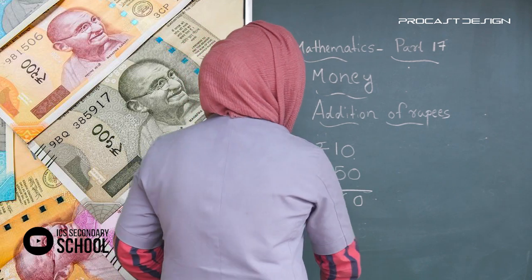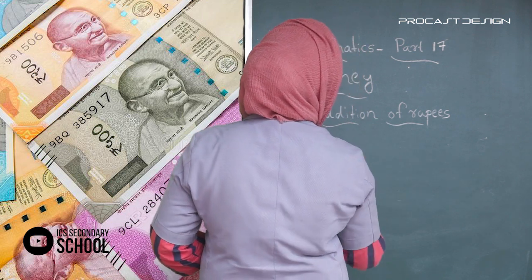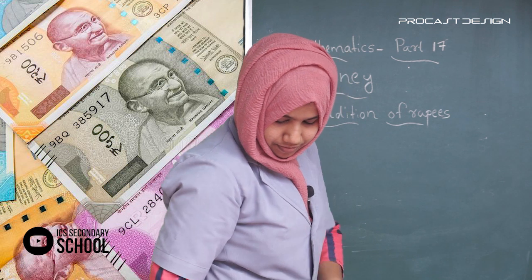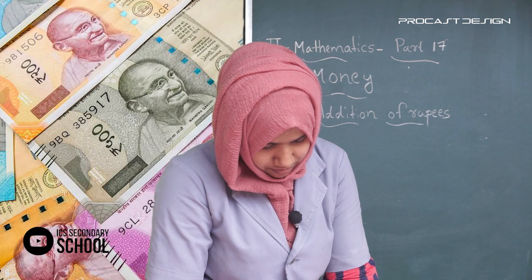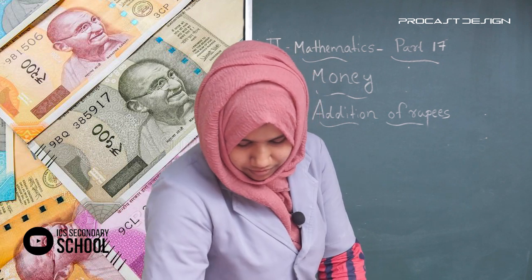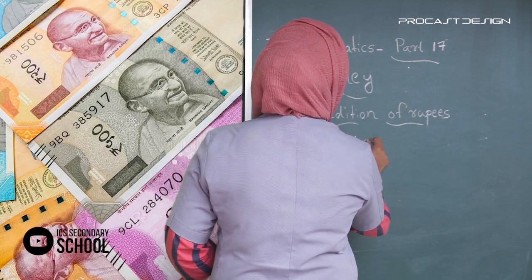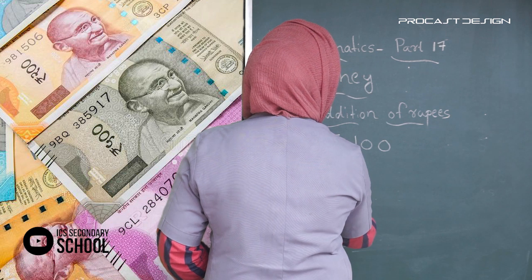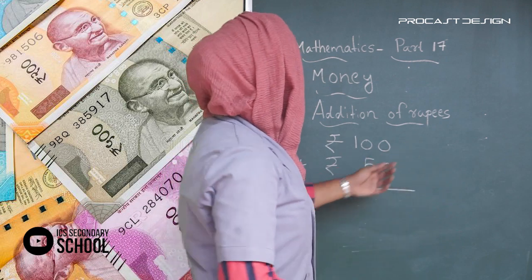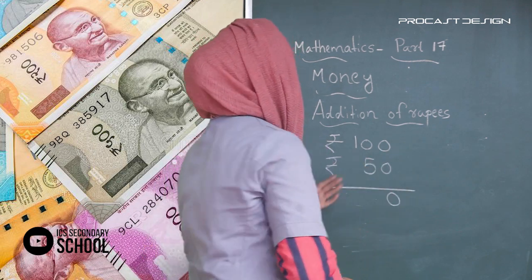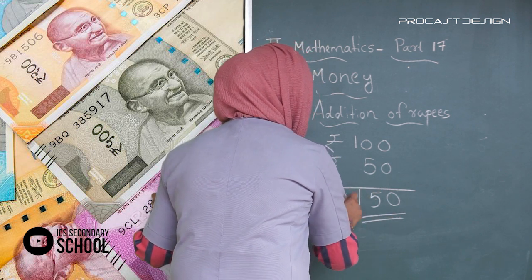We can add any rupees this way, like 100 rupees, 50 rupees. 0 plus 0, 0. 5 plus 0 is 5. 150 rupees.